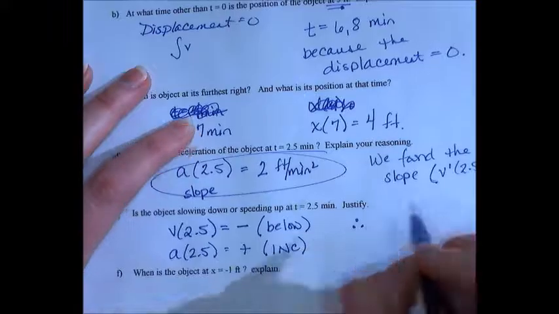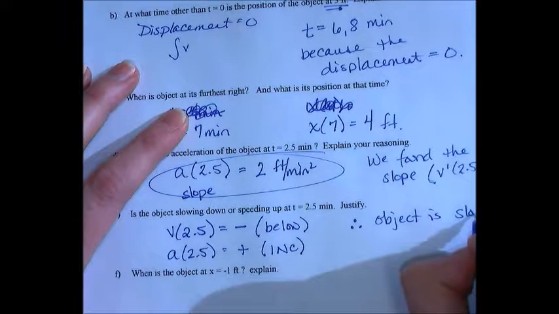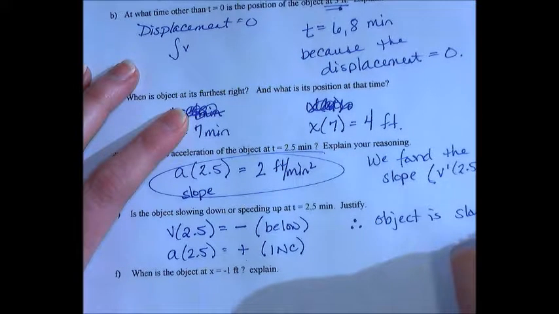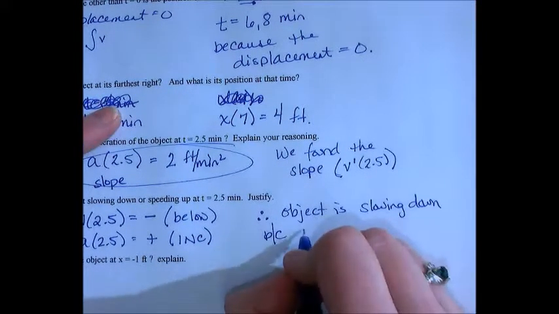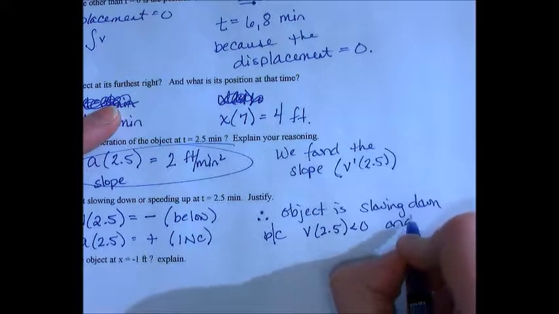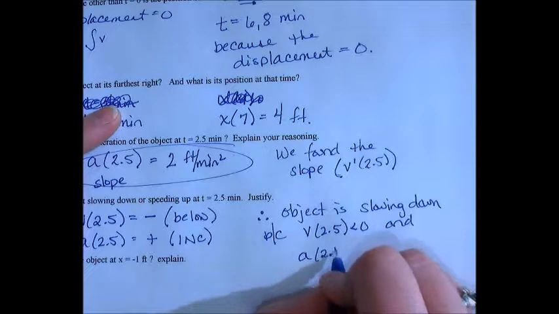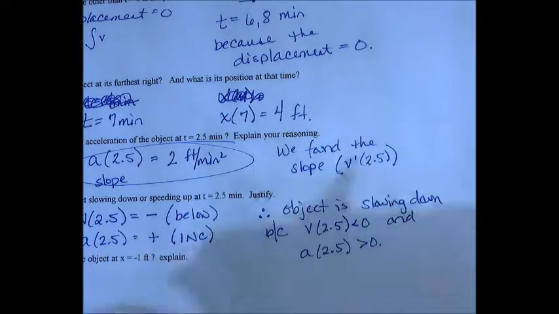Therefore, the object is slowing down because the velocity at 2.5 is negative and the acceleration at 2.5 is positive. Okay, when they have different signs, that means that the object is slowing down.